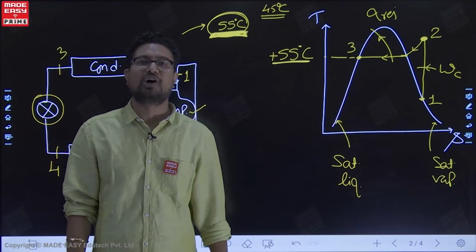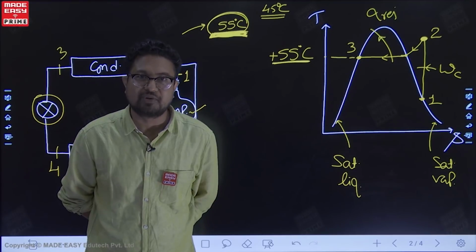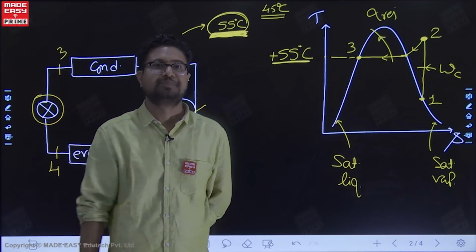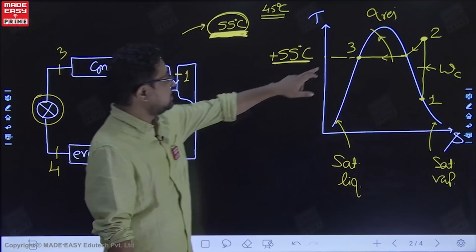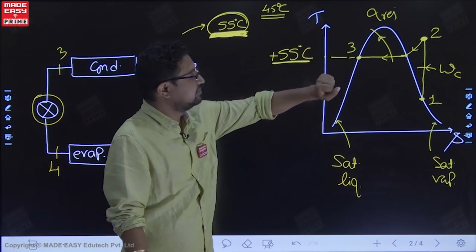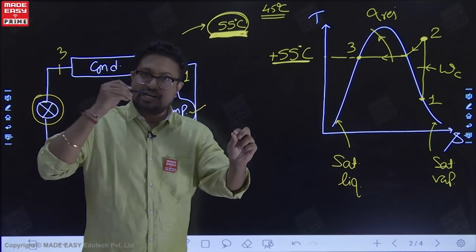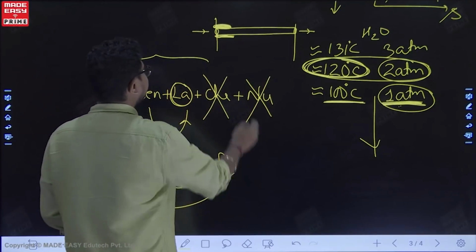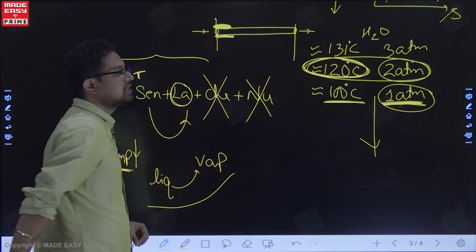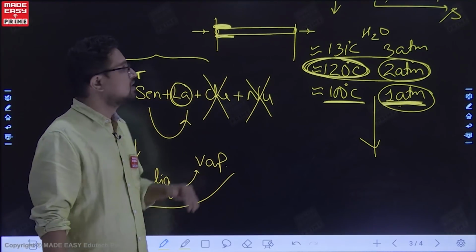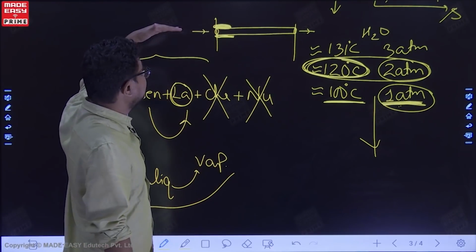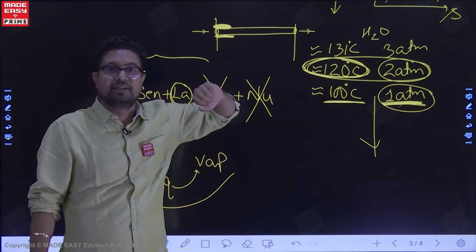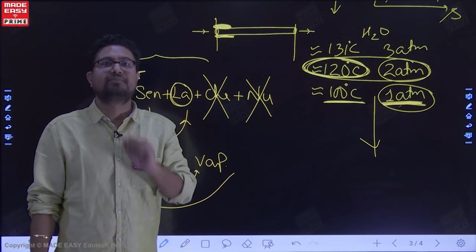Now comes the role of the throttling valve, that is the capillary tube. This liquid we will send in the capillary tube. In the capillary tube, the pressure will drop.